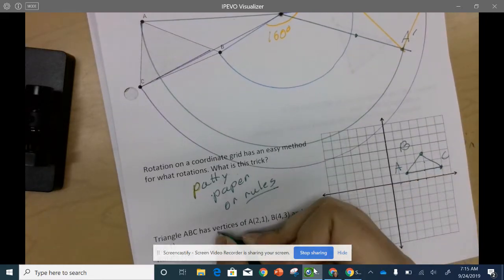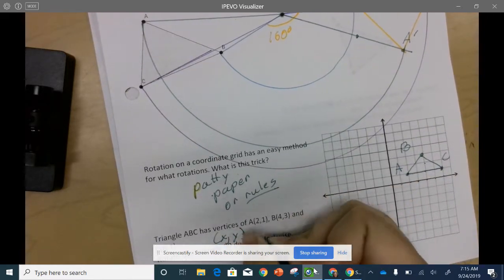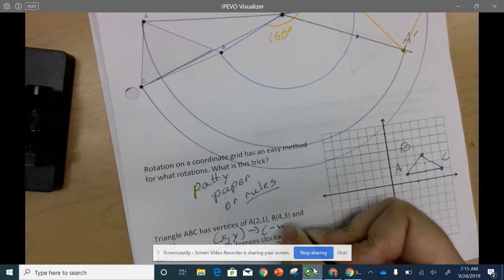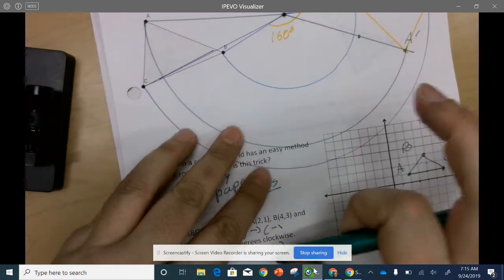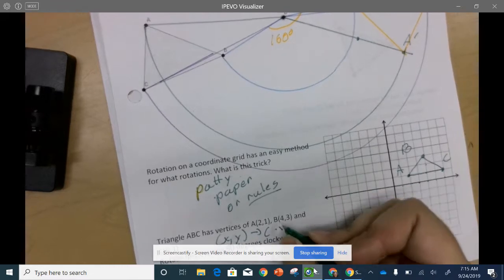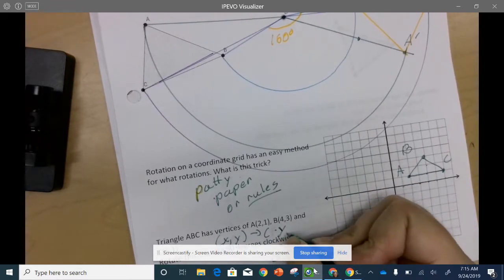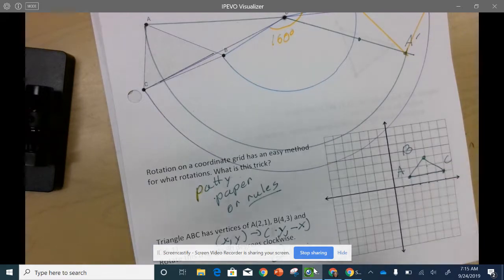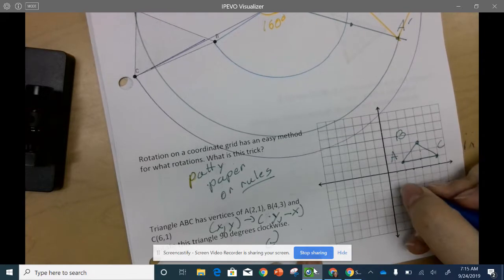So the rule for this, everybody, is that the points switch and the x-coordinate becomes negative. So for this one, you can use the patty paper, you can use the rule.